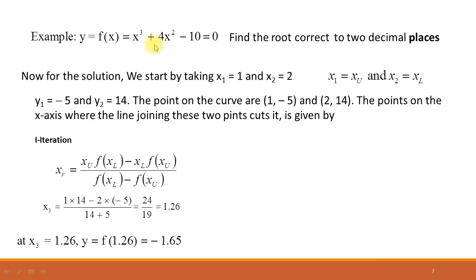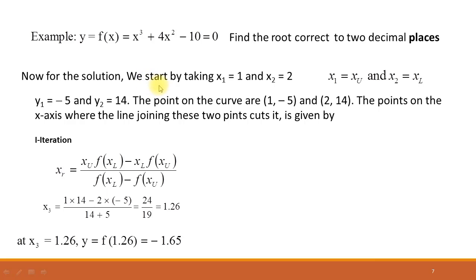So for the false position method, first of all start by taking any two values like x1 is equal to 1 and x2 is equal to 2. Suppose x1 here represents xu and x2 represents xl.